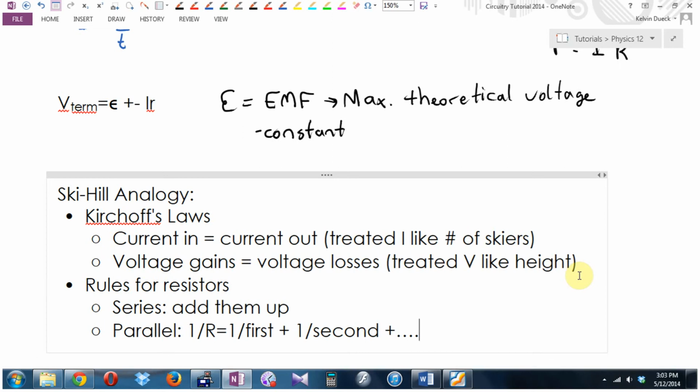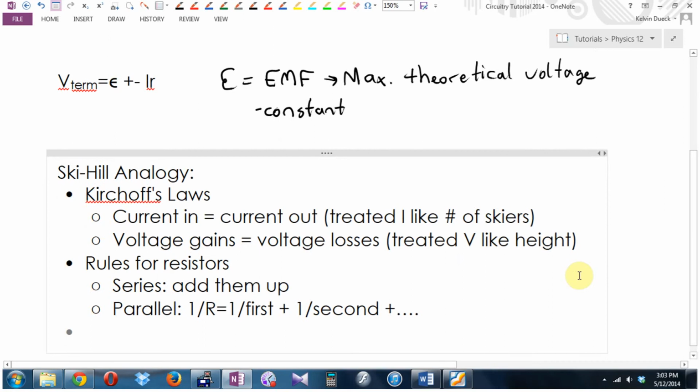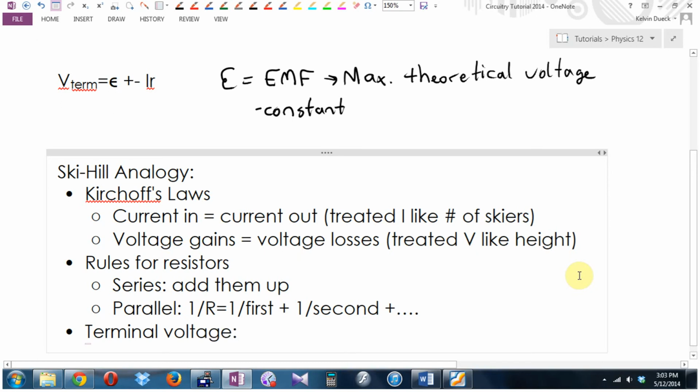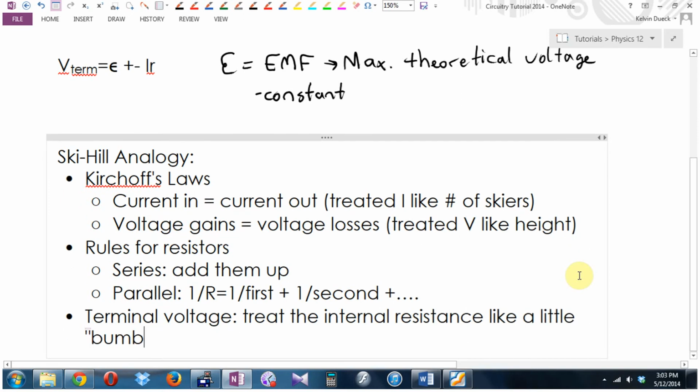Okay, and then the very last thing that we did was terminal voltage. Rather than use that equation up there, V terminal equals EMF plus or minus I times R, I just said treat the internal resistance like a little bump getting off of the chairlift or battery.